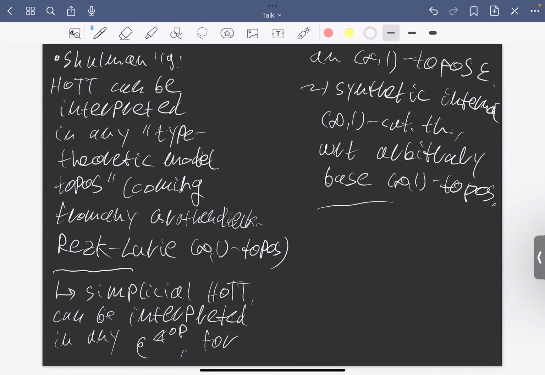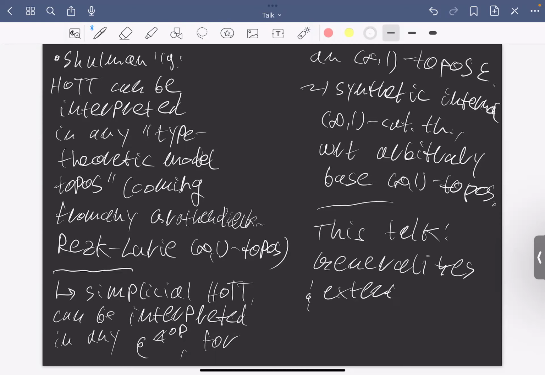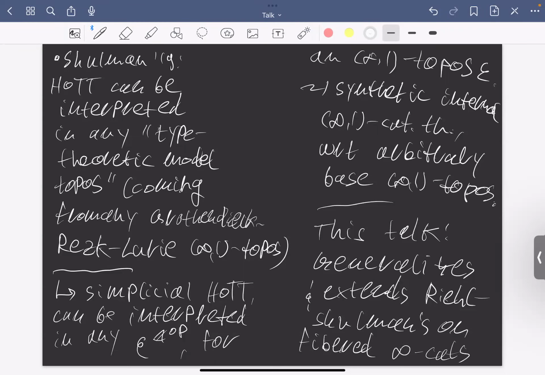So the work that I'm talking about today takes this idea and generalizes and extends Riehl and Shulman's work on fibrations in that setting, on fibrations of categories, formulated in the synthetic way.